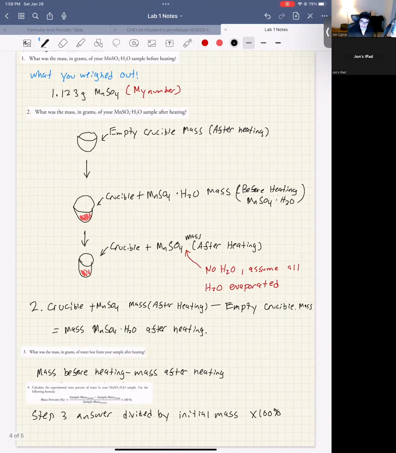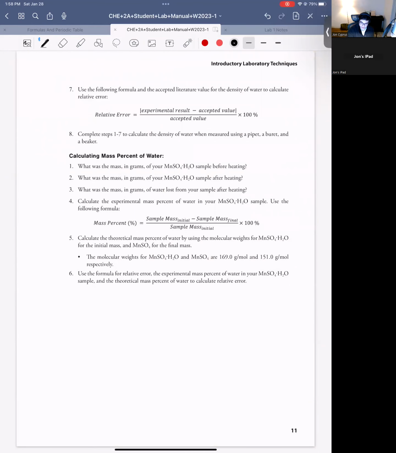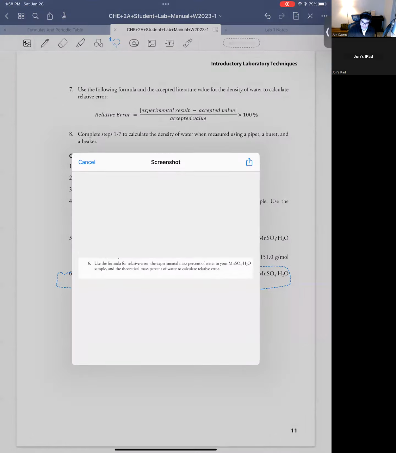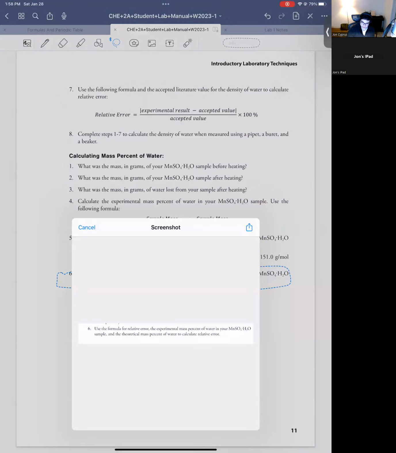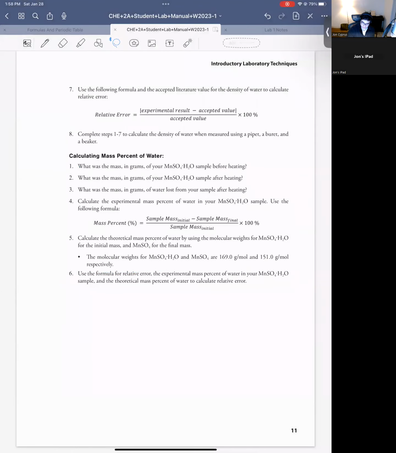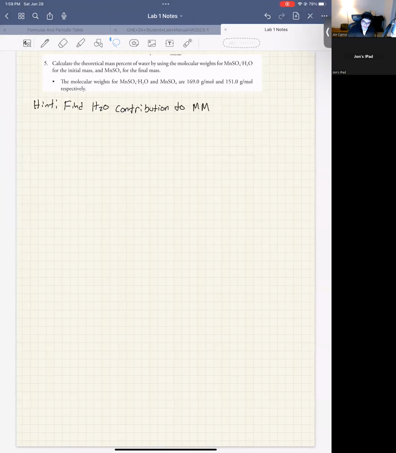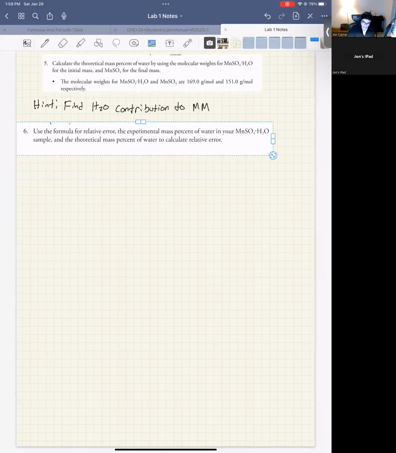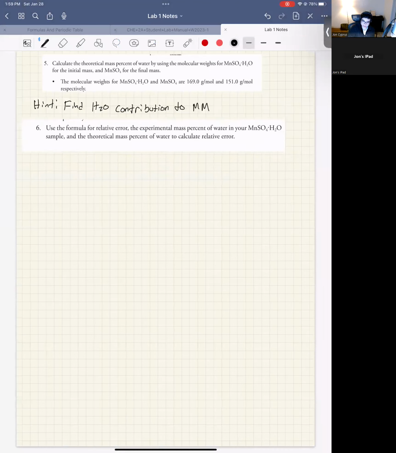Then last but not least is 6. It says use the formula for relative error, right? And then it is the same thing. So let me just clear this up: the answer to 5 is your theoretical percent mass.